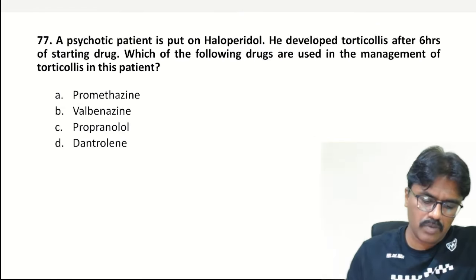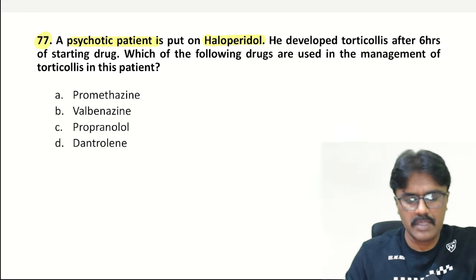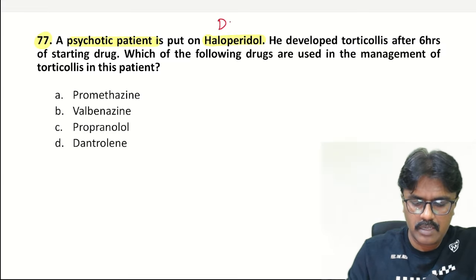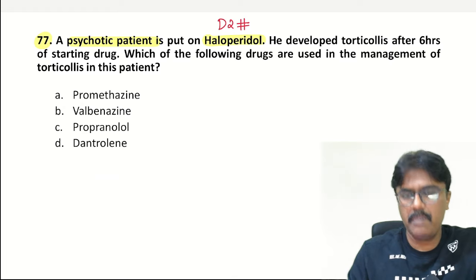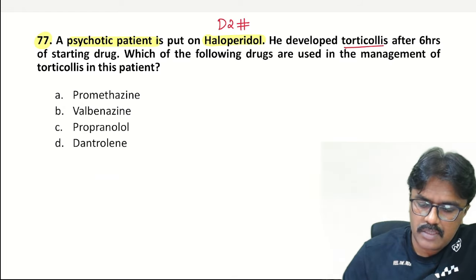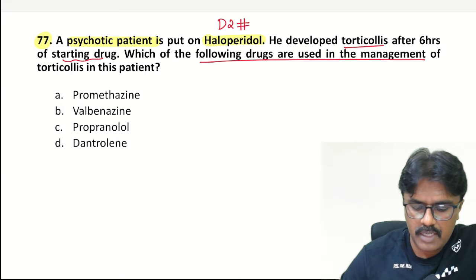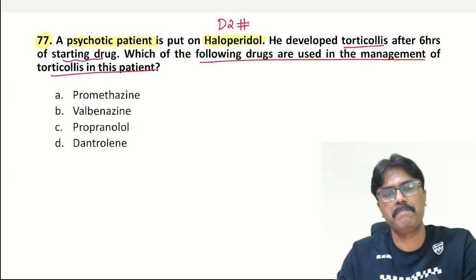Right. Moving on to question number 77. A psychotic patient is put on haloperidol. What is haloperidol? It's a D2 blocker, meaning a typical antipsychotic. He developed torticollis after 6 hours of starting the drug. Which of the following drugs is used in the management of torticollis in this patient?